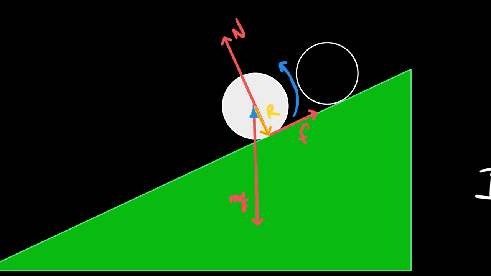Which one is harder to turn? The hollow sphere or the solid sphere? The hollow sphere. Right. So the one that's going to be harder to turn is going to probably require more friction to get it to turn. And you might say, well, what do you mean more friction?